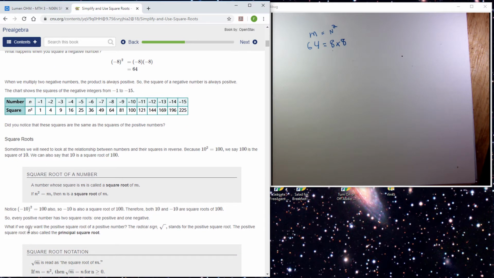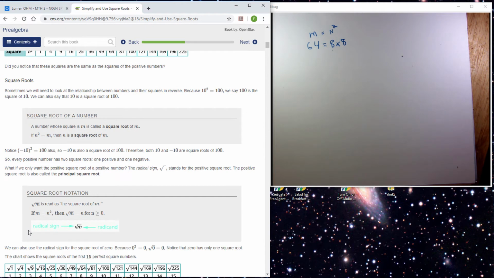What if we only want the positive square root? Then we refer to that positive square root as the principal root. So here is square root notation. This notation is read the square root of m.